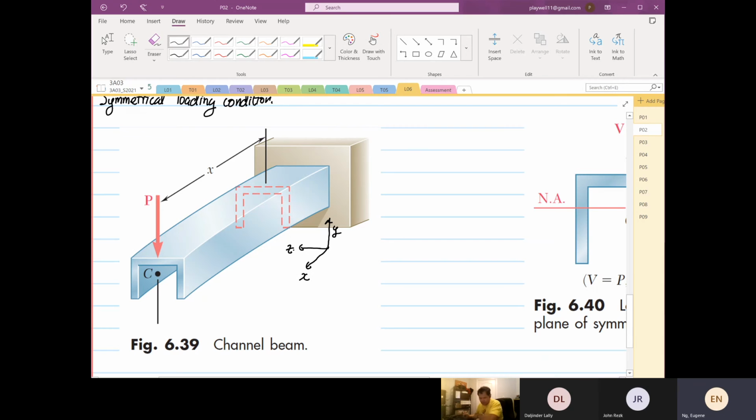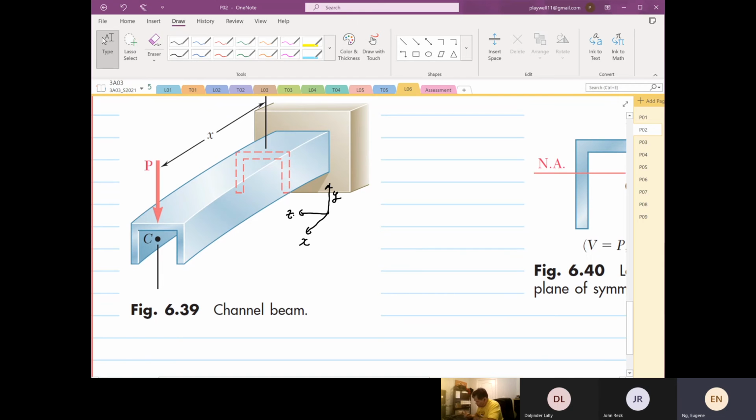So when this structure is bent, which you see it is bent, the deformation is exaggerated. I have to be careful down here.